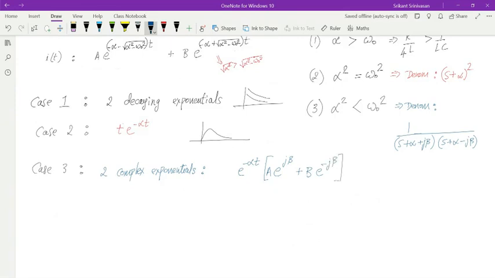Okay. And you know that when you have these complex exponentials, you will end up having some kind of sinusoidal function, because exponential of j beta is cos beta plus j sine beta, and this is cos beta minus j sine beta. So in the end, you will have some function of the form e power minus alpha t and sine beta t, with some constant k.